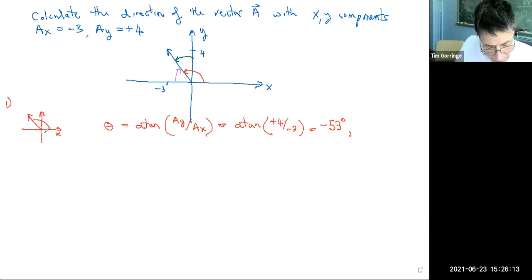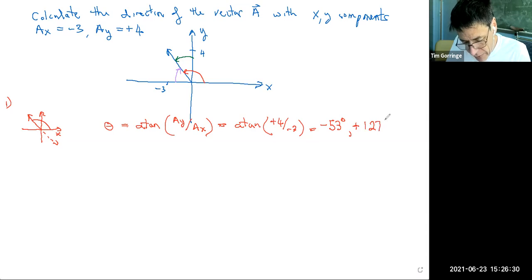And there's a second one that has an angle 180 degrees bigger. So although the calculator just gave us minus 53 degrees, there's a second angle, 180 degrees bigger.